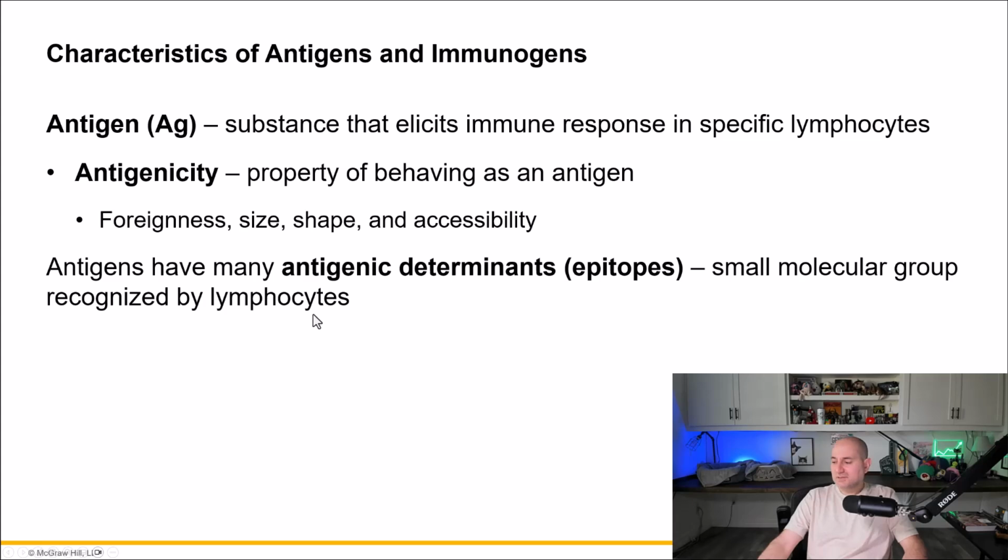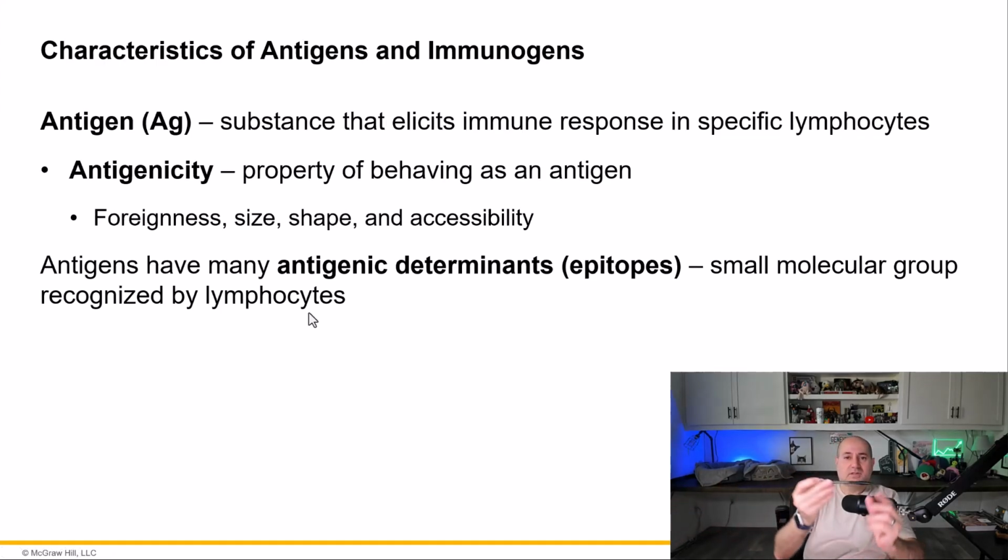So again, let me show you something. Imagine if this entire pen is an antigen, then an antibody might stick here, right? An antibody might stick there, but those are two different epitopes. This antibody sticks to this epitope, or this part of the antigen.